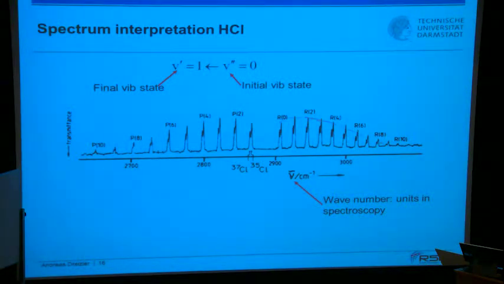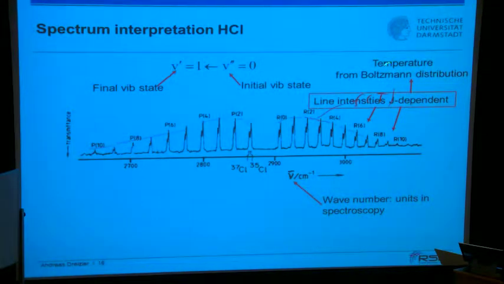I draw here an envelope, and this envelope is solely a function of the temperature. It is hidden in this relative line strength, that is the Boltzmann fraction behind. And this is the way we deduce the temperature.